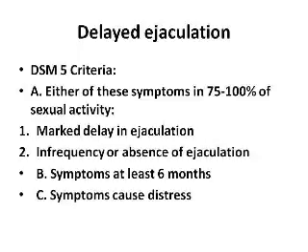So the DSM-5 criteria gives us some guidelines about how to diagnose this. First of all, in order to diagnose this, you need to have either of these symptoms in 75 to 100% of sexual activity. First, there is a marked delay in ejaculation. We covered this in the previous lecture.